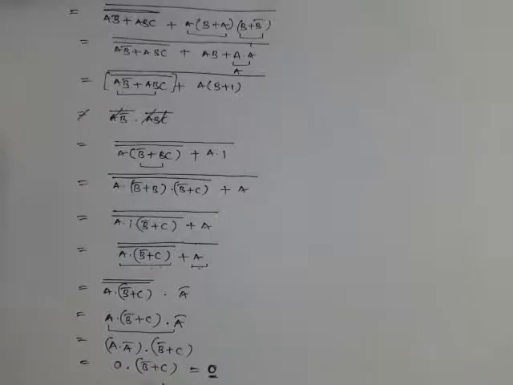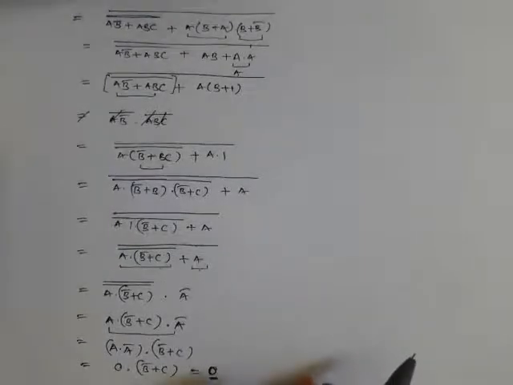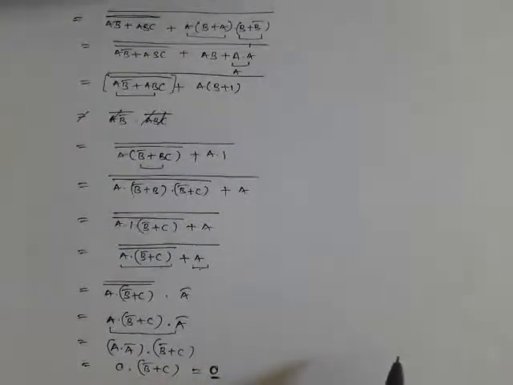So this is how we will use various theorems to simplify the Boolean expressions, so that it will require fewer variables and fewer operations. So we'll look at a few more examples here.